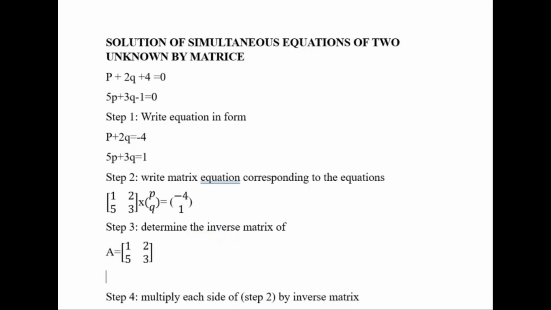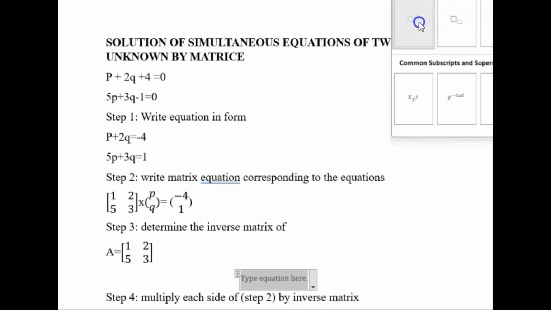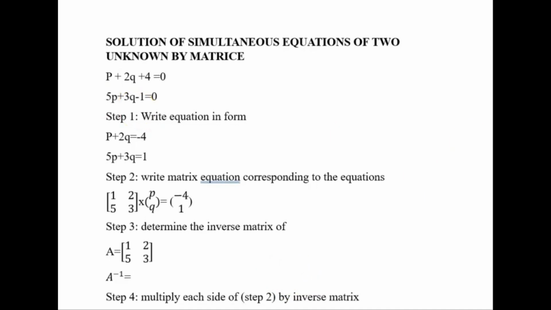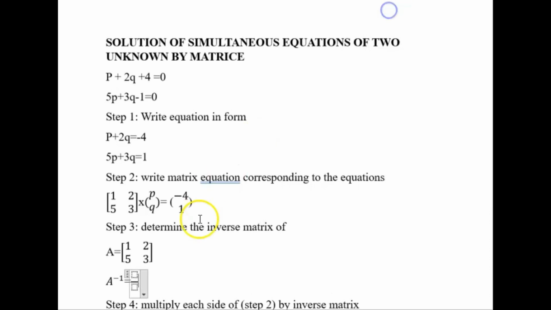So to get the inverse, we know that A inverse is equal to adjoint A over determinant A. So that is the formula.